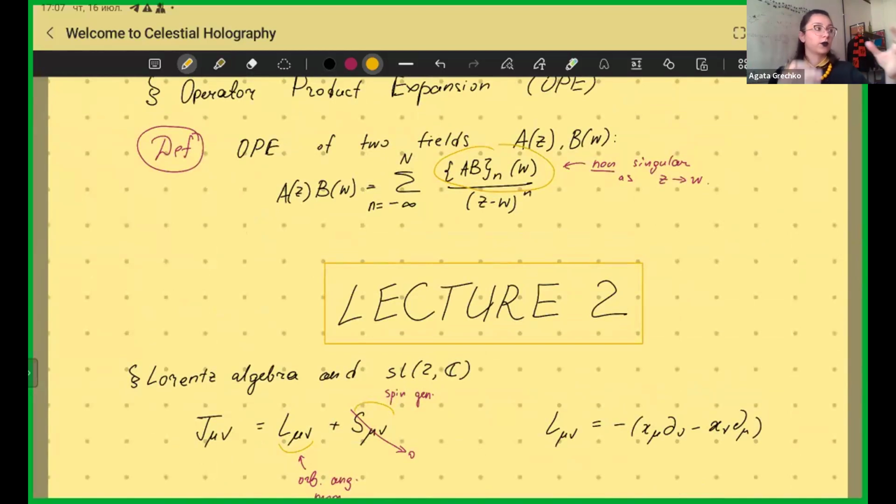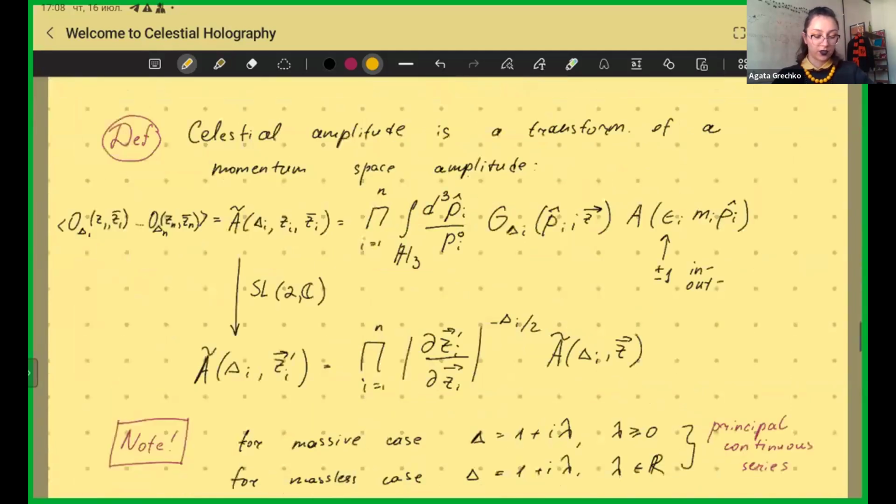When two positions inside the fields get close, there appear some singularities in the correlation functions, and we decompose the singularities in their orders in our two-field product. And this way we arrive at the operator product expansion, shortly OPE.